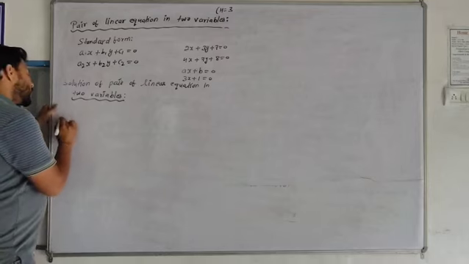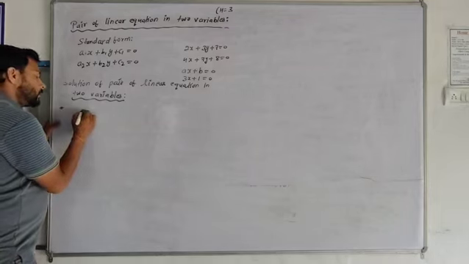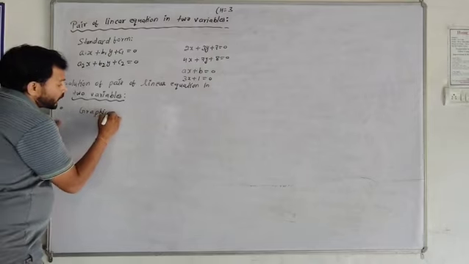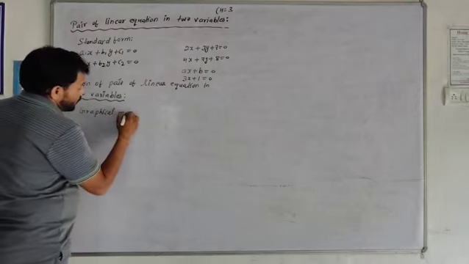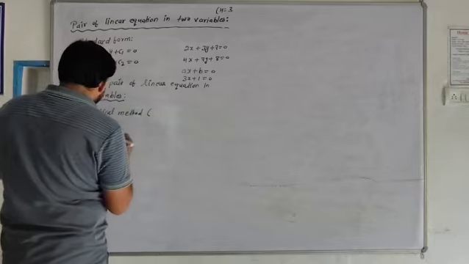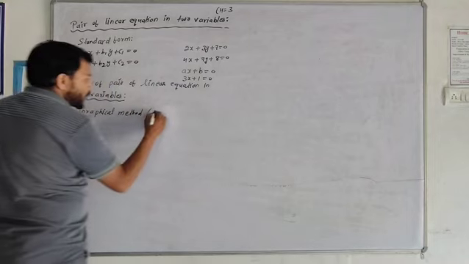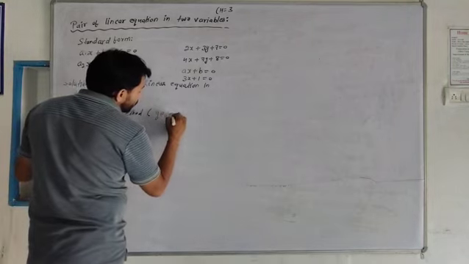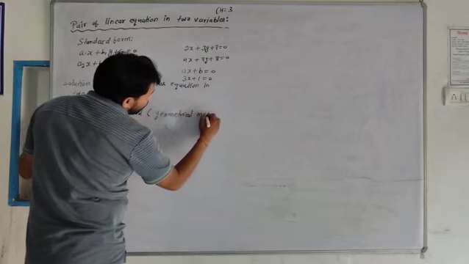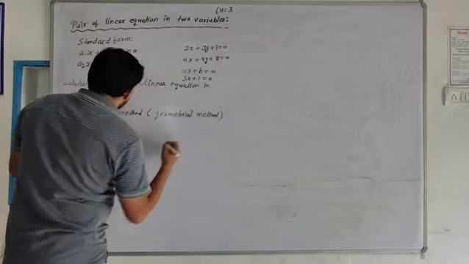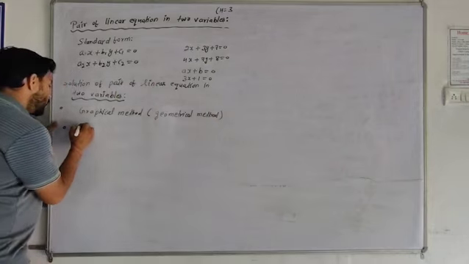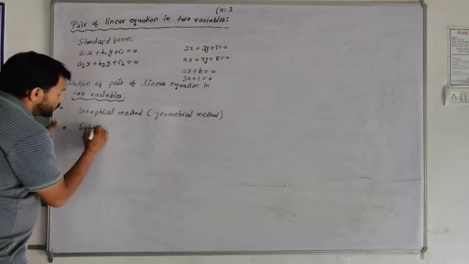Now there are three methods. First method, graphical method, also called geometrical method. All right. Next is substitution method.